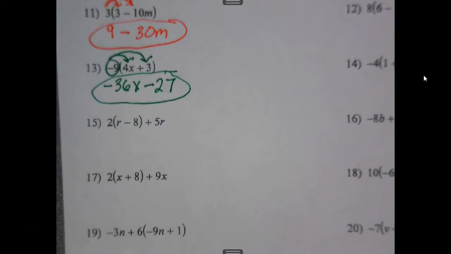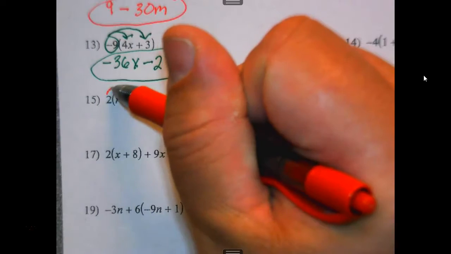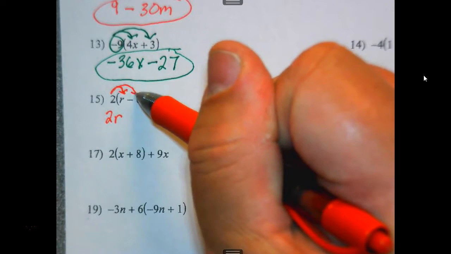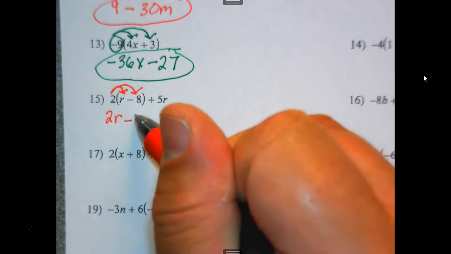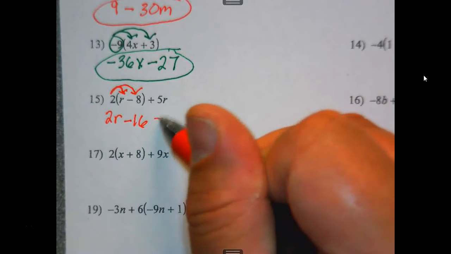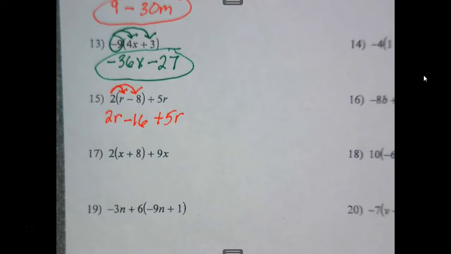Now be careful with these because we have some numbers or terms outside the parentheses. We're not going to distribute to them. So 2 times r, 2 times negative 8, negative 16. Good. And I'm going to just bring down the 5r. Now I can combine like terms, right?